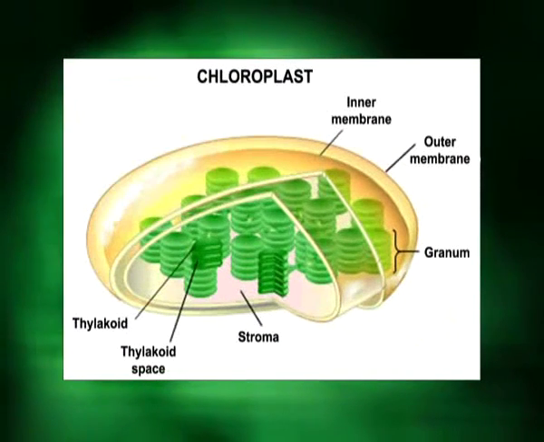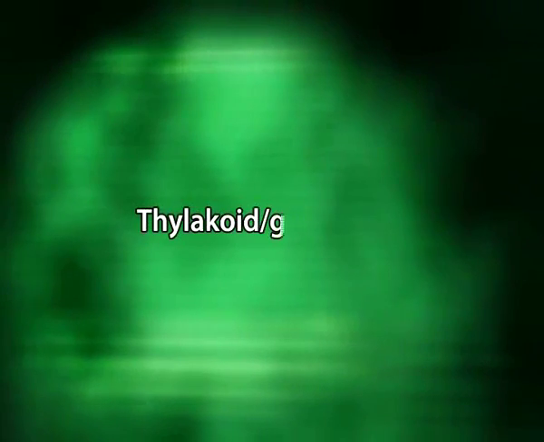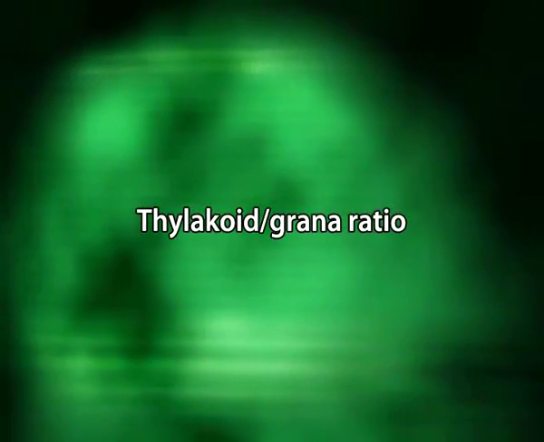The size of chloroplast varies in sun and shade plants. Small sized chloroplasts are an adaptation to sunny conditions, while large sized chloroplasts are an adaptation in response to shady environments. Dear students, thylakoid to granum ratio is also different in the leaves of plants growing in different light regimes.